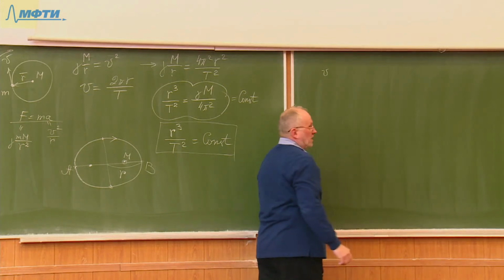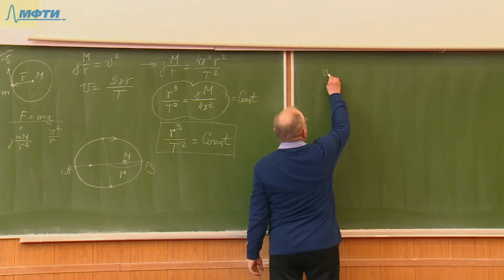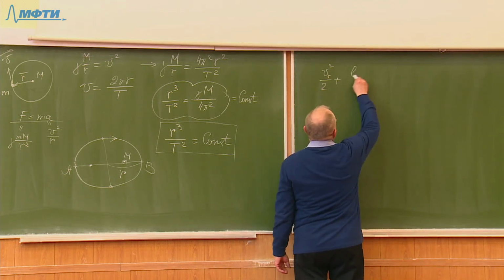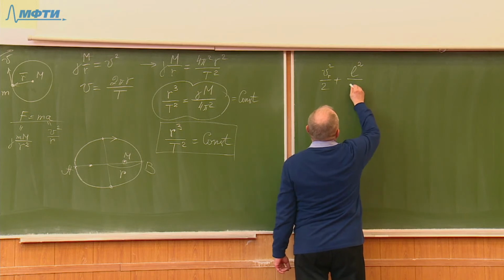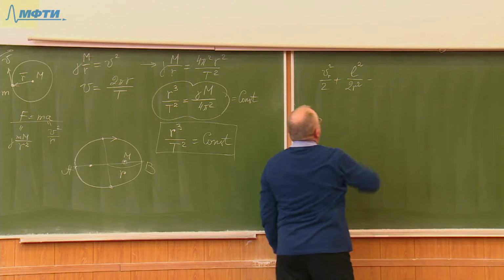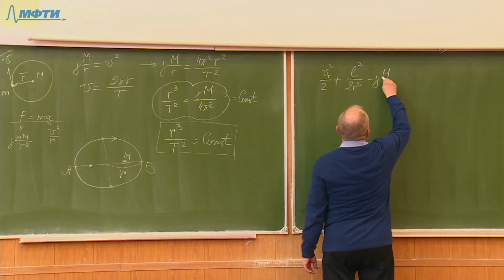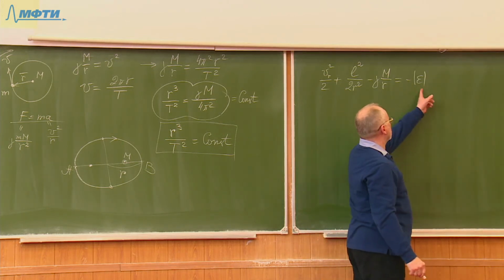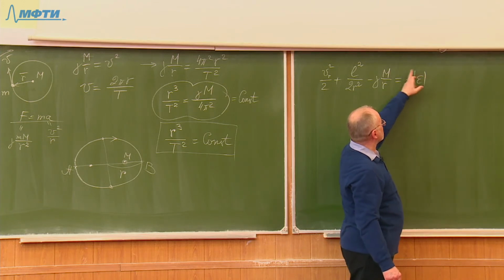The velocity, it's not the total velocity of the body, but just the radial component of the velocity, indicated by index r, squared over 2, plus the angular momentum per unit mass over 2 r squared, where r is the distance from the celestial body to the sun, minus gamma capital M over r equals minus total energy.